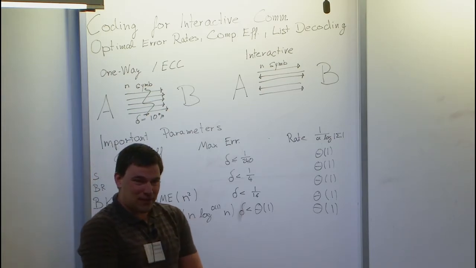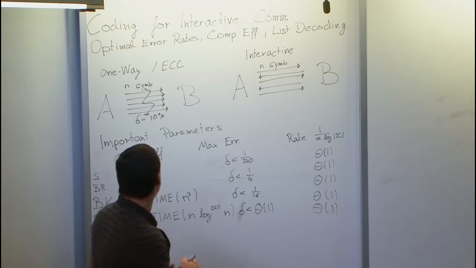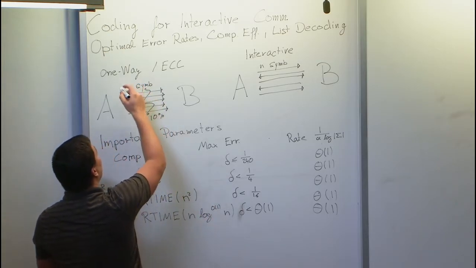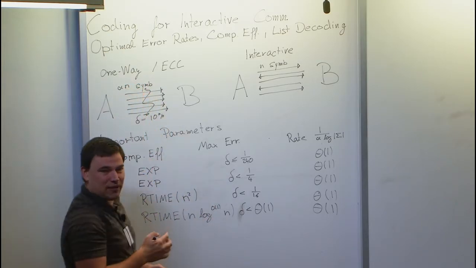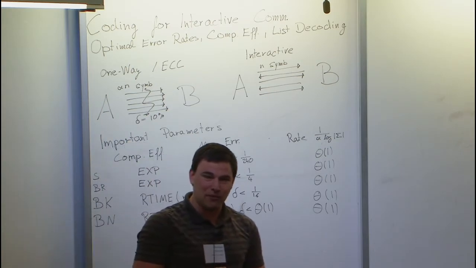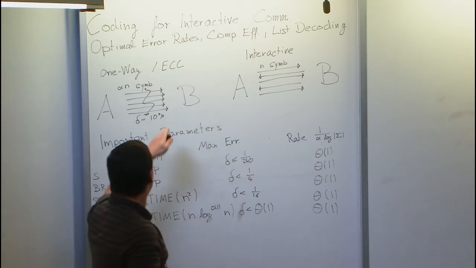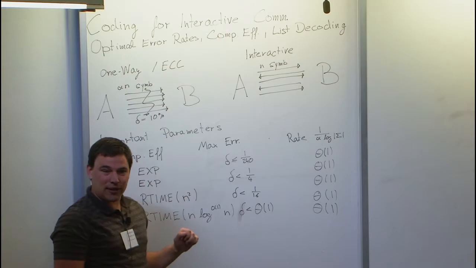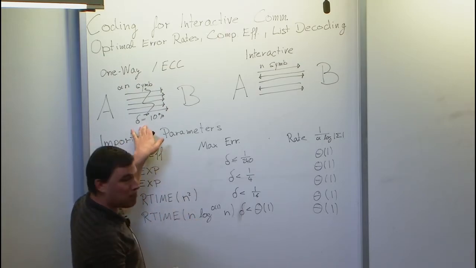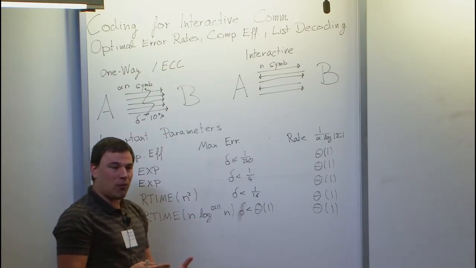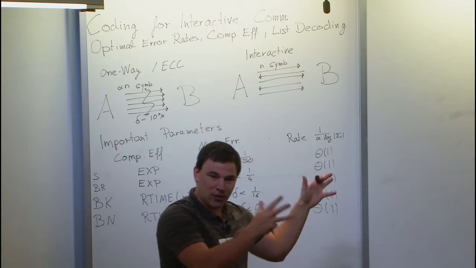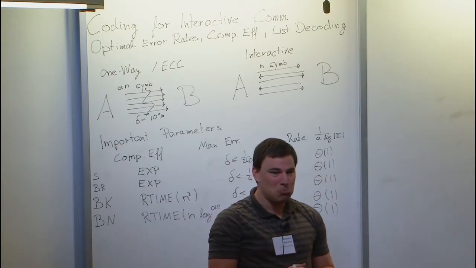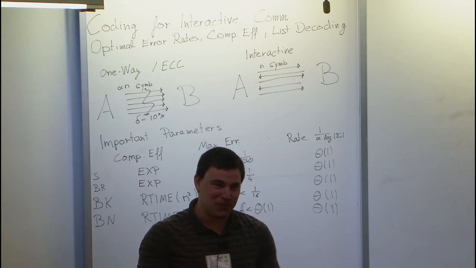Well, we just make the transmission a little bit longer, right? So what do we do? Instead of sending n symbols, Alice sends alpha times n symbols for some constant alpha. And now if you do this in the correct way, if you use error correcting codes, then no matter where these 10% of errors happen, Bob will always know exactly what the outcome in the noiseless setting was. Right? Turns out to be pretty useful.